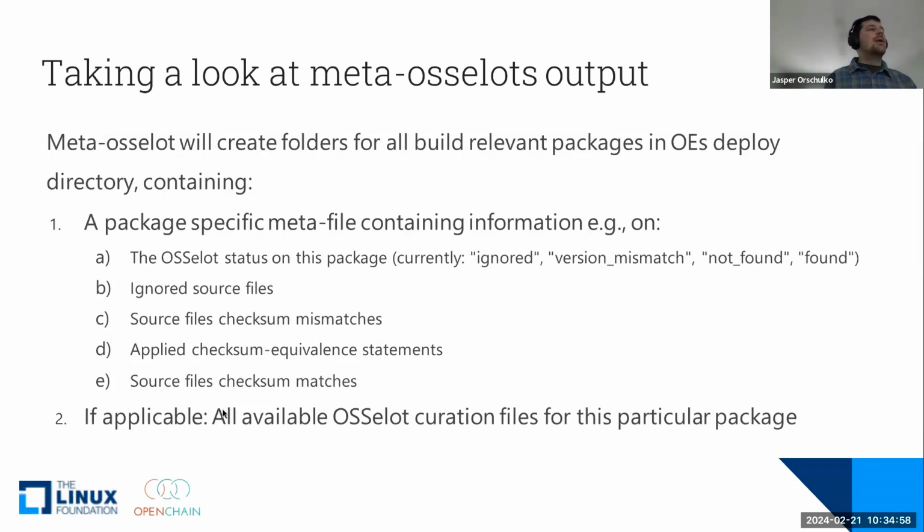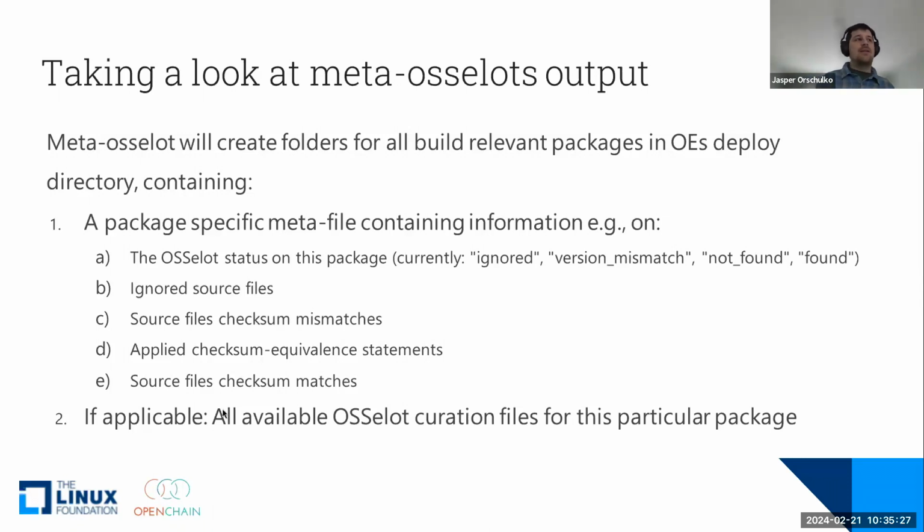Basically, it will create a folder for all packages, and within each package folder it will write the meta file. In this file, it will state the Ocelot status for this package, so whether it's been ignored, for example, because it was a native recipe, or because an ignore flag was set within the recipe. It will tell you about version mismatches.